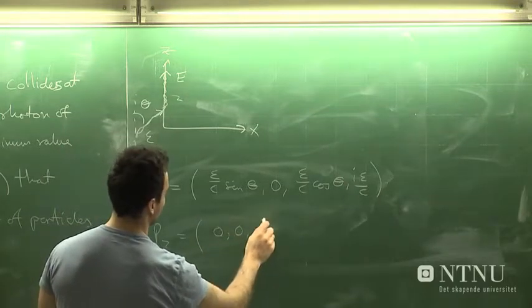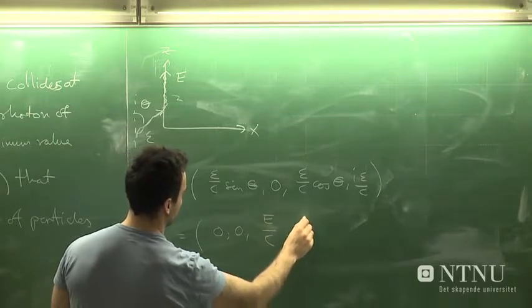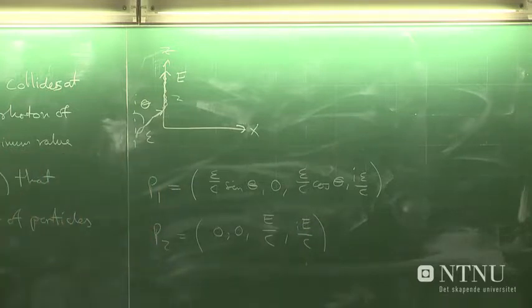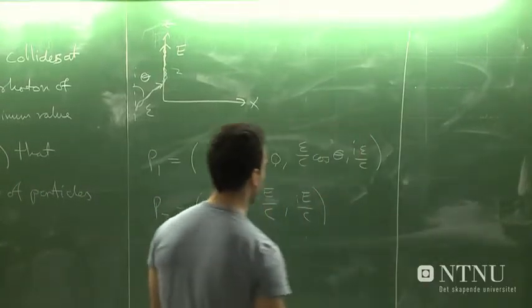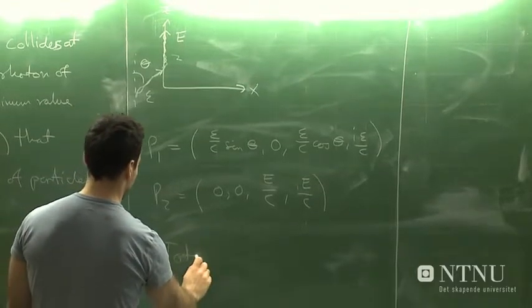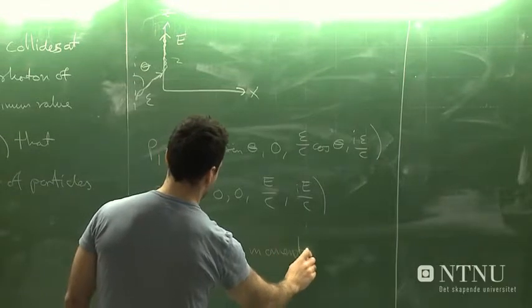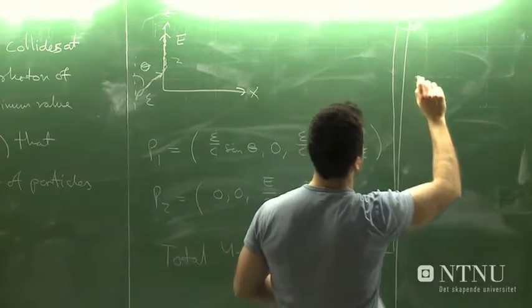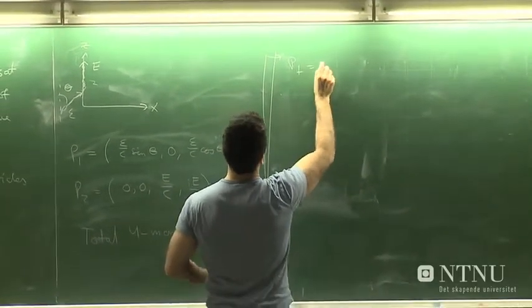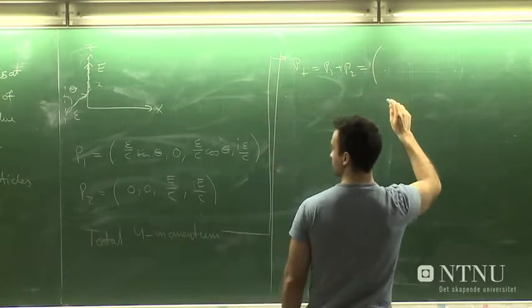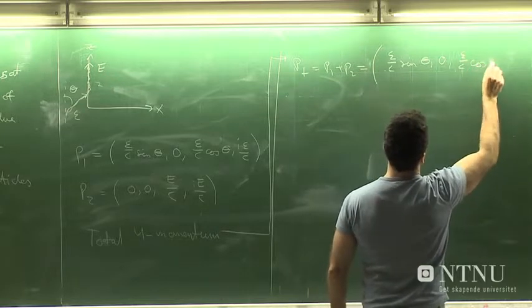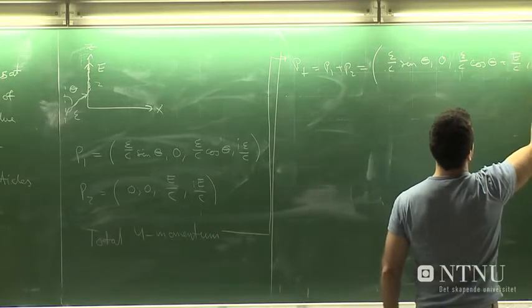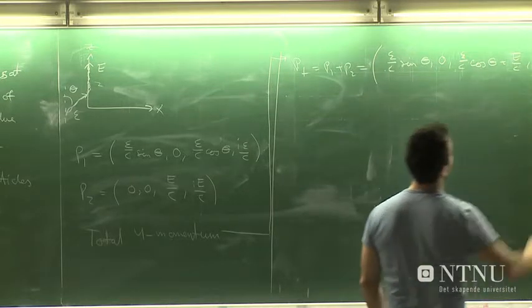So we have the following four momentum. In other words, the total four momentum before the production of these particles looks like this.